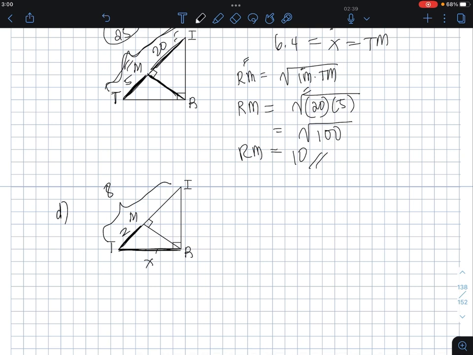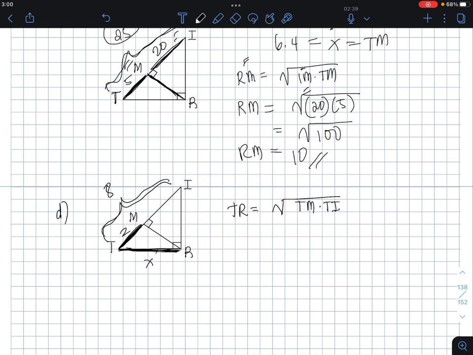So, ano yung pwede natin gamiting equation dito? So, dahil meron tayong involved na leg TR, as well as yung hypotenuse TI, at yung adjacent dito sa leg TR na TM, pwede natin gamitin yung formula na yung TR is the geometric mean ng TM at TI. So, therefore, TR is equal to square root ng TM times TI.